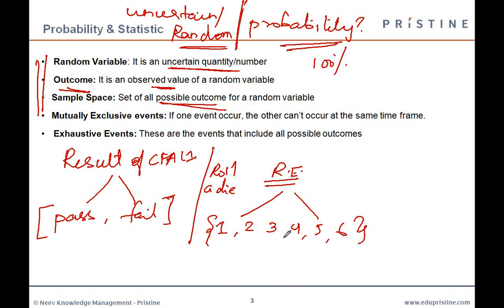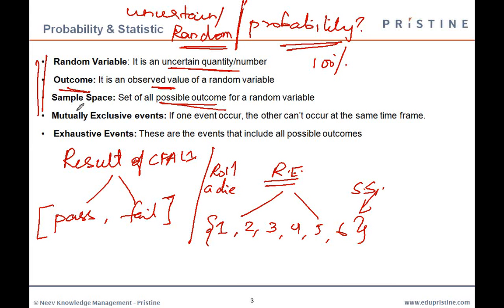Can you get any other possible outcome when you roll a die? No, right? You can't get something like 30% 3, 40% 4, nothing like that is possible. So together these values, 1, 2, 3, 4, 5 and 6, are called the sample space for this random variable, which is rolling a die.